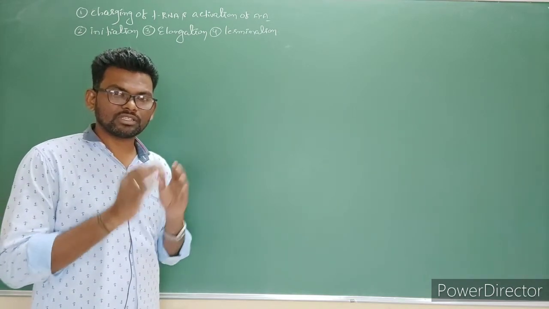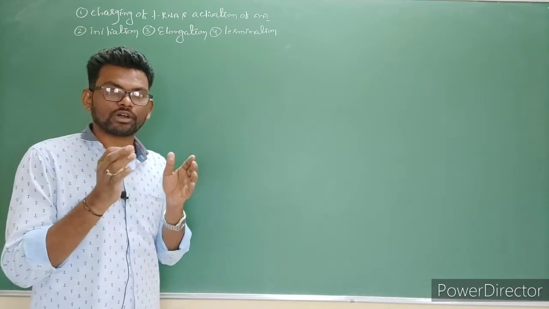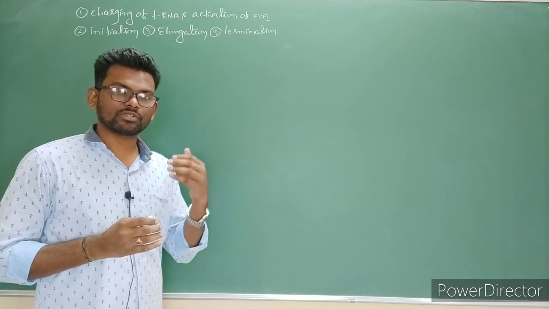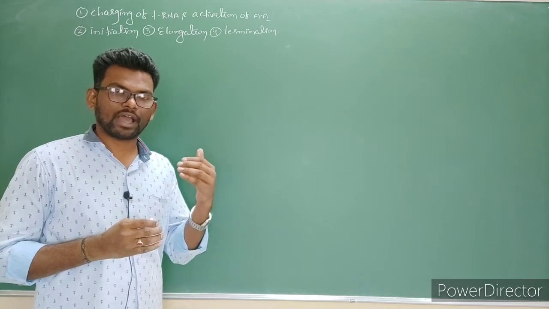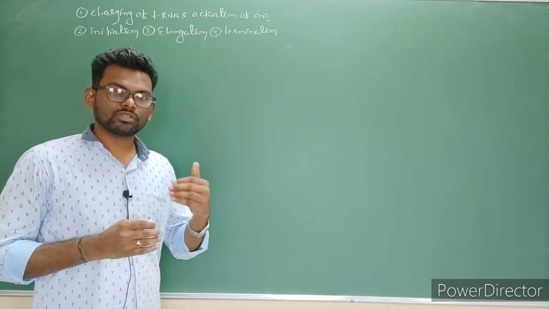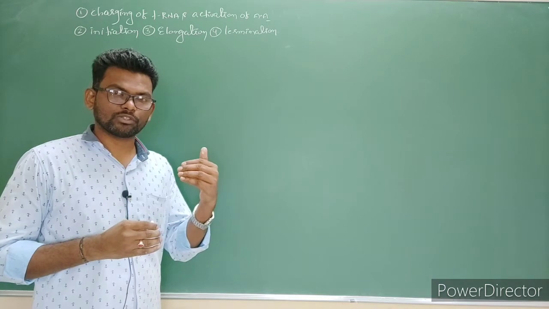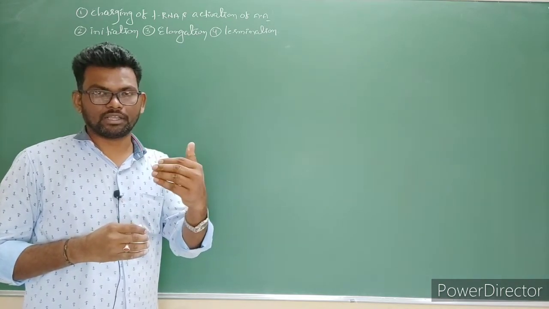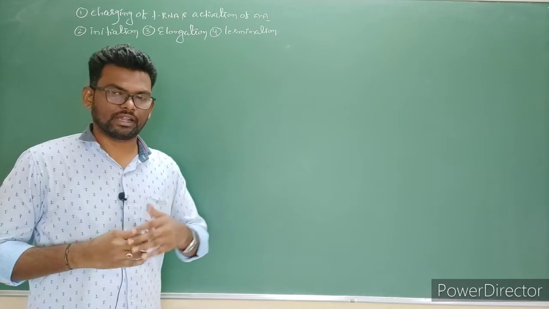For that, both should be activated, we have to charge them, and for that energy is needed. In the presence of ATP molecules, amino acids are activated. Those activated amino acids bind with tRNA to form aminoacyl tRNA, which is called charged tRNA, right?